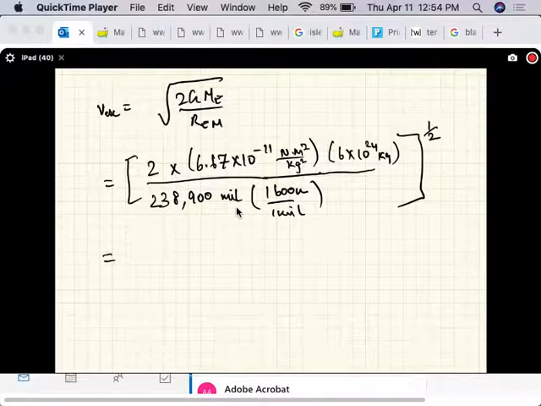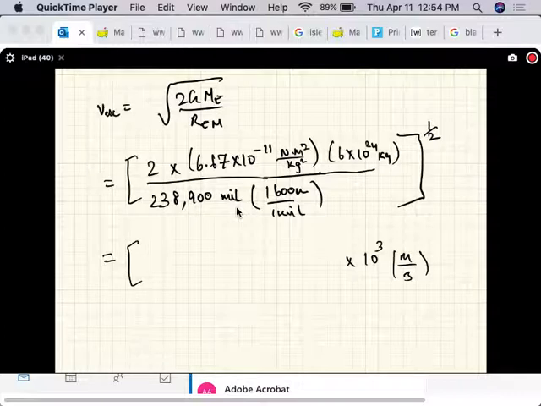I'll make this 0.6 and make that 14. 14 minus 8 is 6. Half of 6 is 10 to the 3. I hope you got that. There is the kilometers per second that I was talking about, 10 to the 3 meters per second.